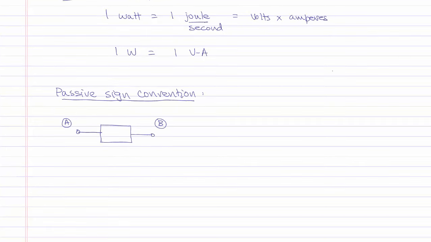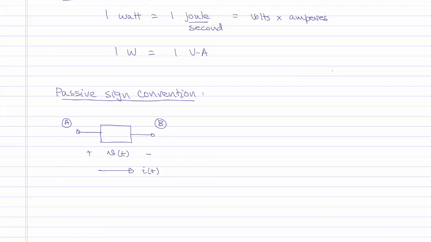If we have an element connected between nodes A and B, and we denote the reference direction of the voltage V of t such that we take node A to be positive with respect to B, and we draw the direction of current going from the positive end of the voltage towards the negative end, then it is called the passive sign convention.